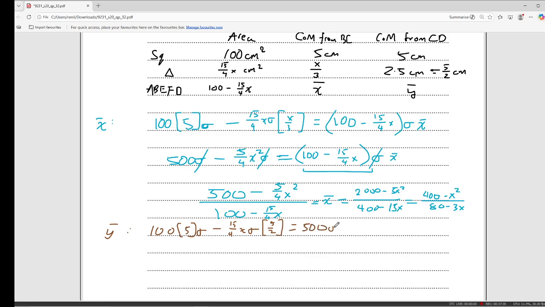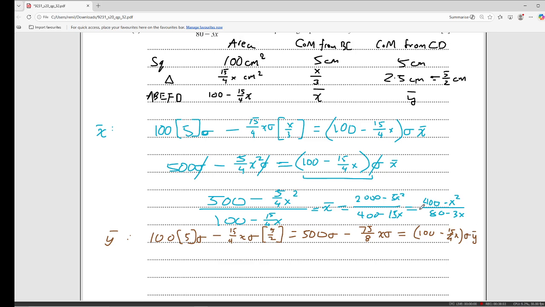Now that's 500 sigma minus that with 75 by 8 x sigma, which is equal to 100 minus 15 by 4 x sigma y mean.